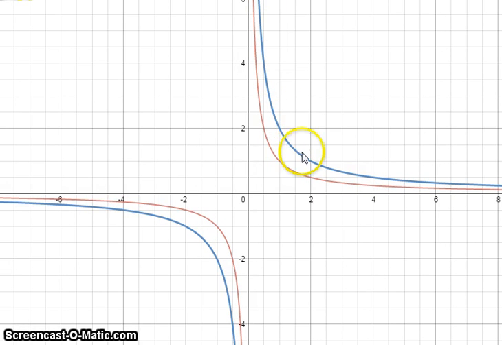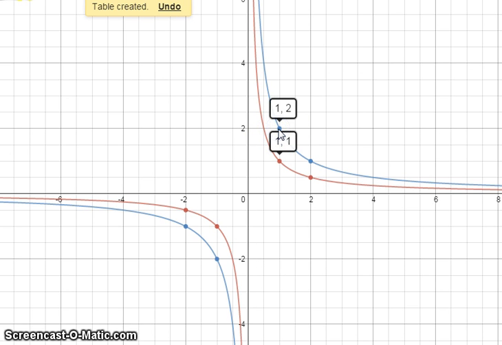If you notice here, this is a stretch. Let's pull out our table of values. So here we have 1 and 1. And using our second graph, I'll pull out those table values there. This one here is at 1 and 2. So that parameter a there is that vertical stretch.